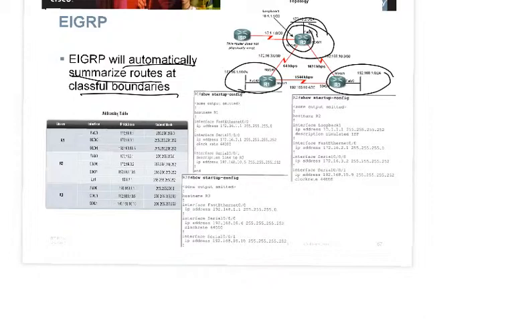So although EIGRP is a classless routing protocol, it still suffers from the lack of support for discontiguous networks, because if you set auto-summarization for EIGRP, by default it summarizes the subnets at the classful boundaries. What does that mean?